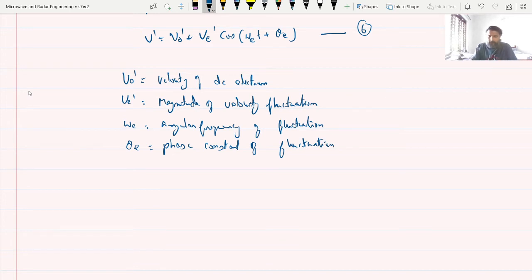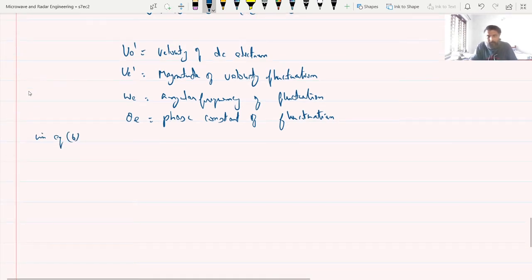Okay, in equation 6, v naught dash is constant. You just take the derivative of equation 6.